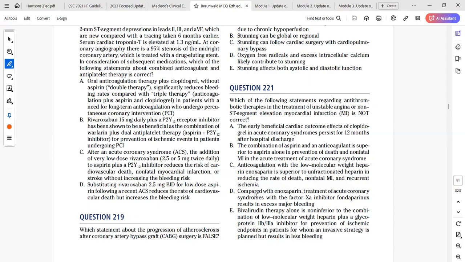They all had the same outcomes. The cardiovascular outcomes were the same. So that makes it false. So for this question 218, the correct answer is A.